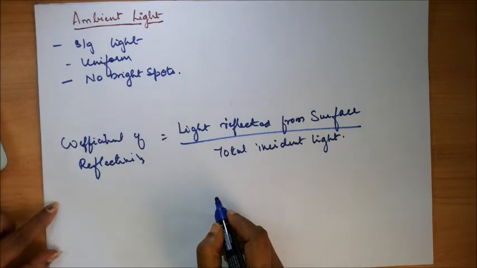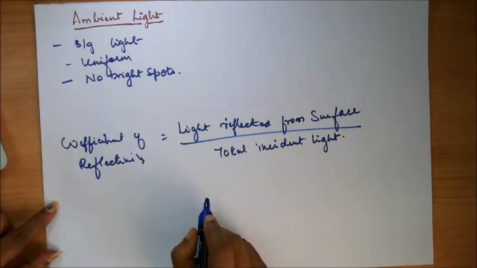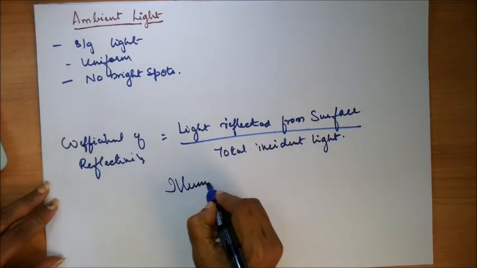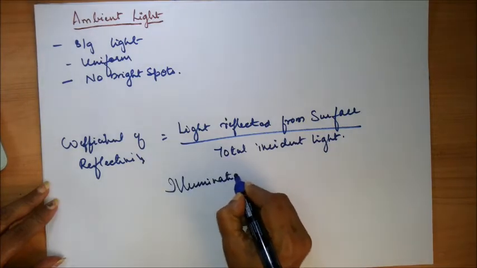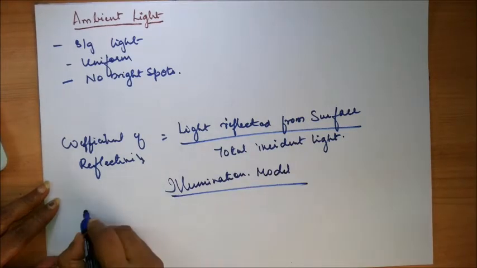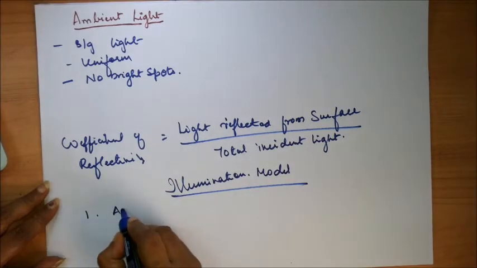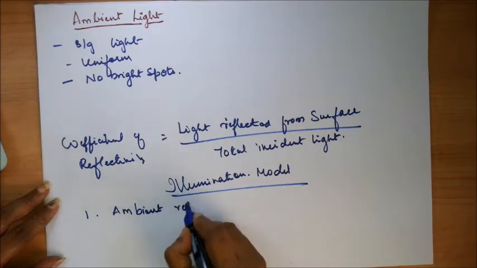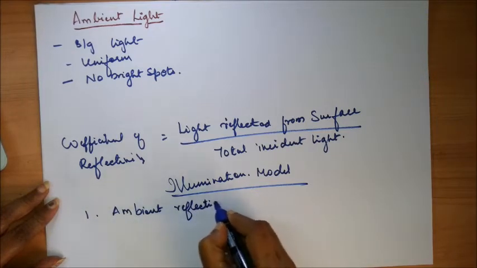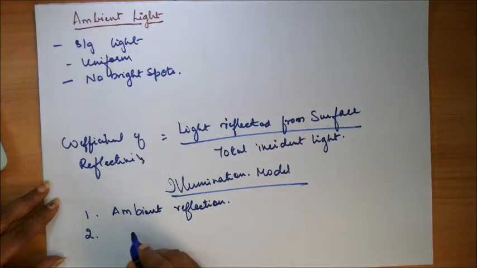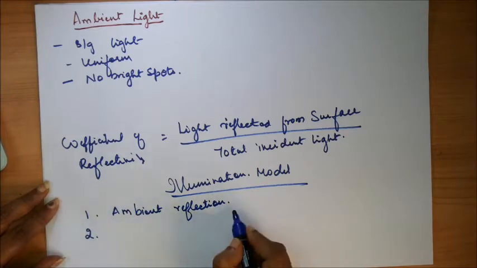So if you take any illumination model, you will have three points or three components. The first one is the ambient reflection. This ambient reflection is because of ambient light. Whatever ambient light falls on a surface, because of which there will be some reflection, that is known as ambient reflection.